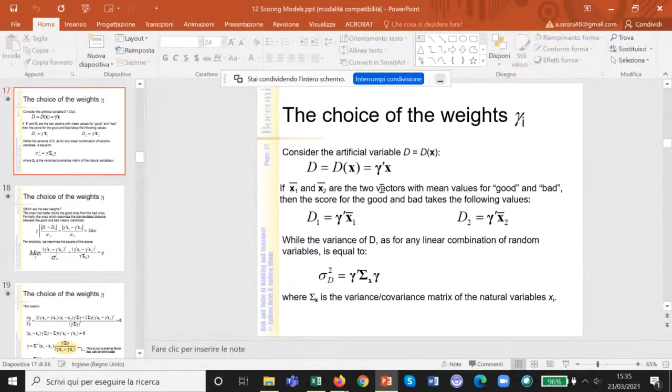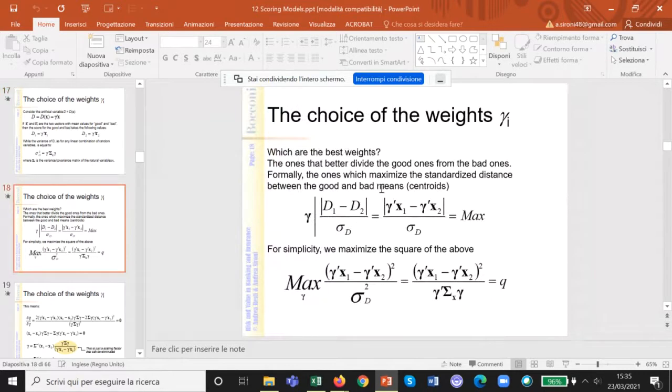This is a different kind of model, which is basically grounded on the idea of finding what weights we should assign to these variables in order to best discriminate, to better differentiate between good and bad companies, okay?